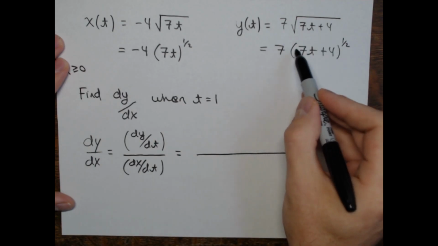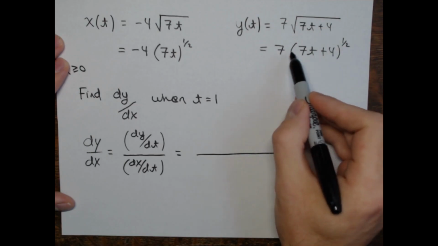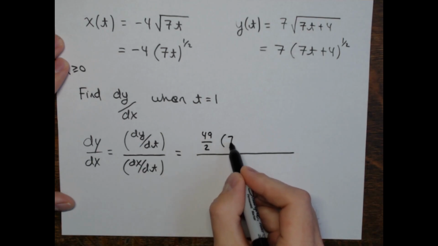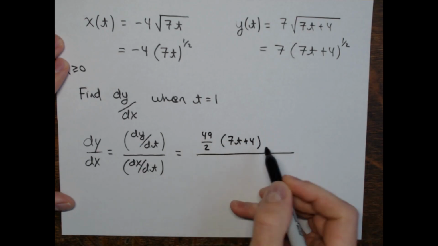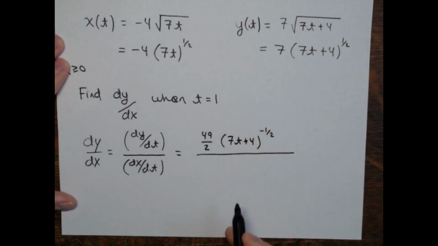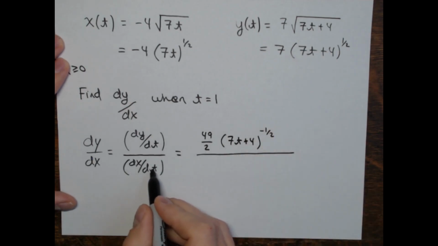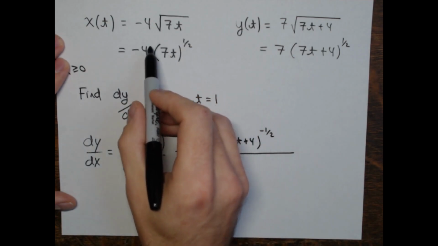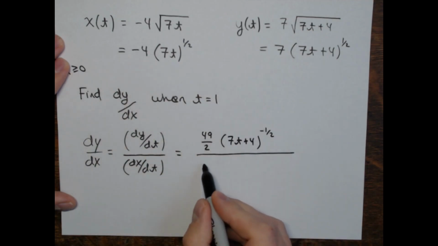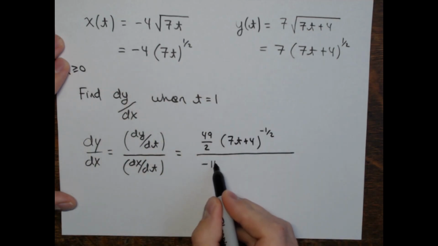So that's going to be 7 halves times this to the negative half, but then times 7 again. So 49 halves times 7t plus 4 to the negative half. And then the denominator is dx dt, which will be negative 2 times 7t to the negative half, but then times 7 again. So negative 14.